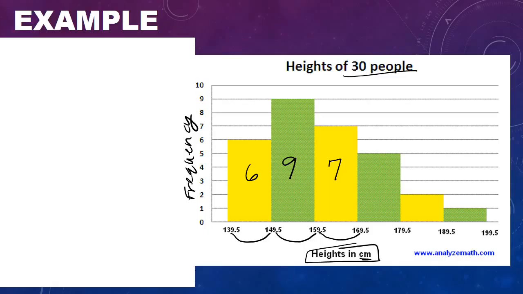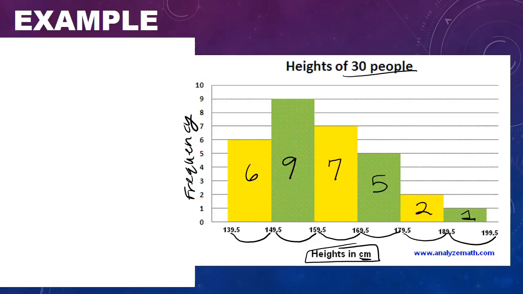Now there's 5 people within this range. Between 179.5 and 185.9, there are 2 people, and our really tall people, 189.5 to 199.5 centimeters, there's only 1 lone person in that range.